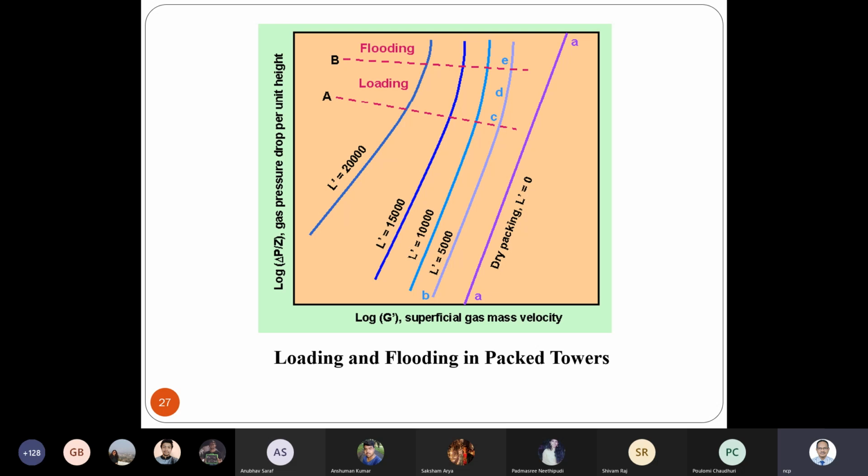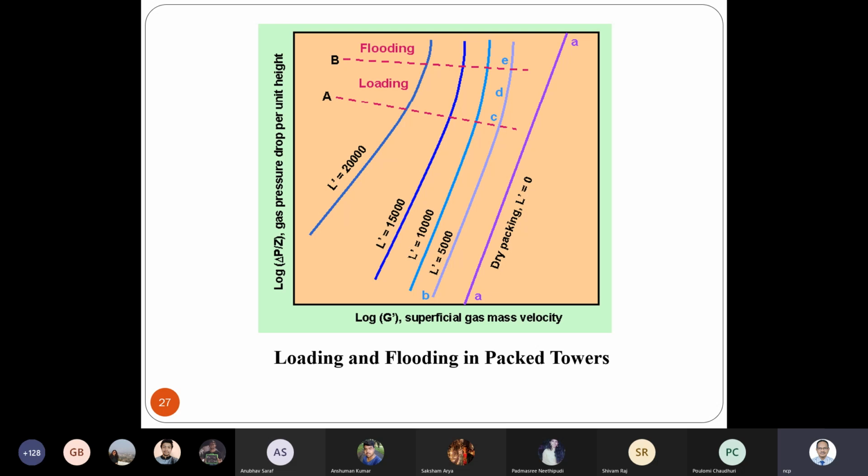So the same thing will happen in this case also generally, but in this case, as the gas is not bubbled through the liquid as in case of tray tower, even foaming liquid can be easily handled in packed towers, but not in case of tray towers.